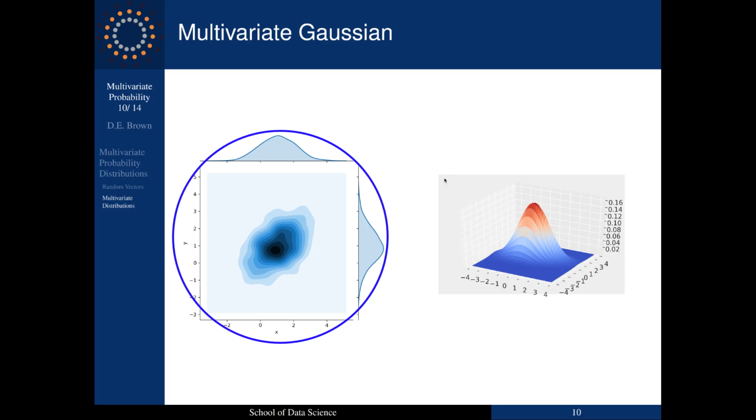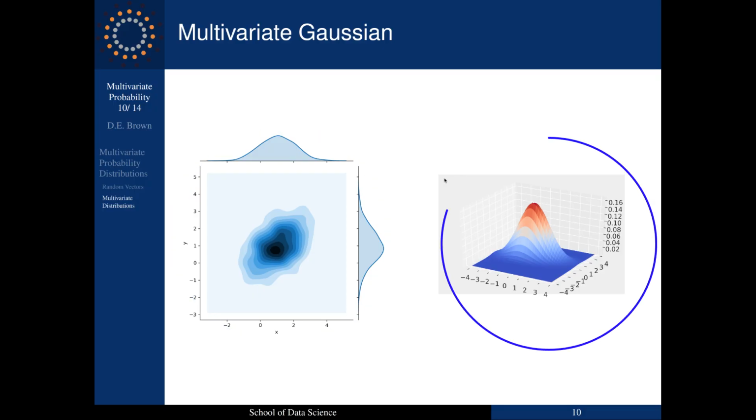So on the left, you have a contour plot showing the contours of a sampling of a multivariate Gaussian, and on the right, you have a surface plot. In both cases, you get the impression that these are bell-shaped curves, very much like the univariate Gaussian in one space. So slicing through that surface, you get that univariate Gaussian shape.